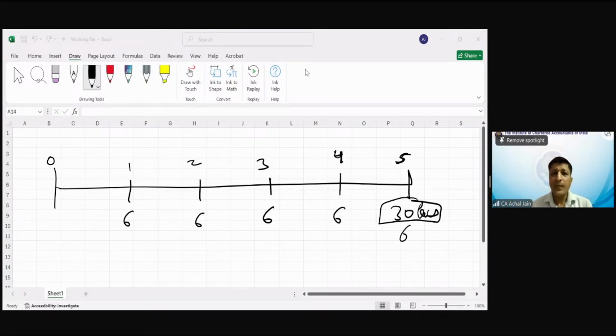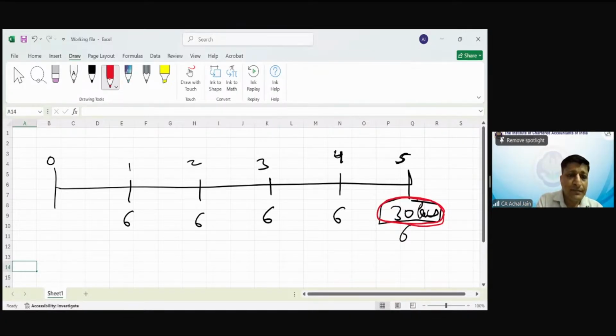Okay. Now, in this case, another point which arises is this 30 lakhs. If you look at this 30 lakhs, this is the future value. So can you record the amount in the first year at future value?